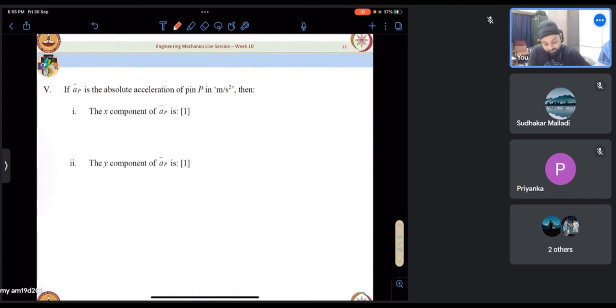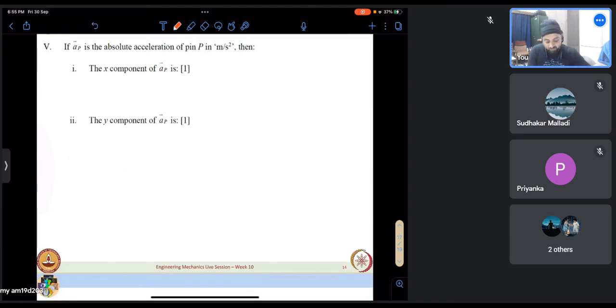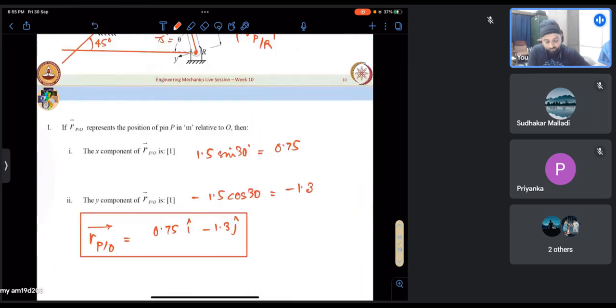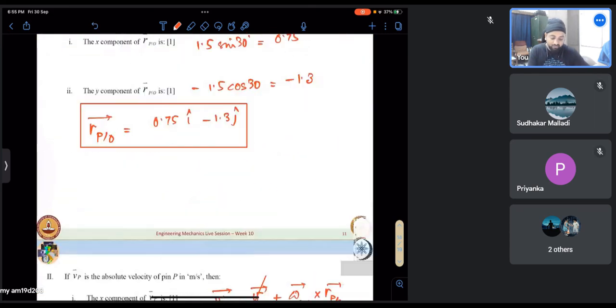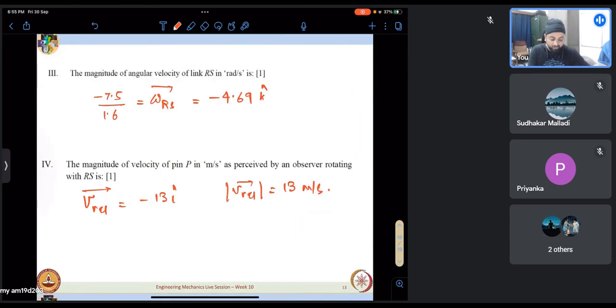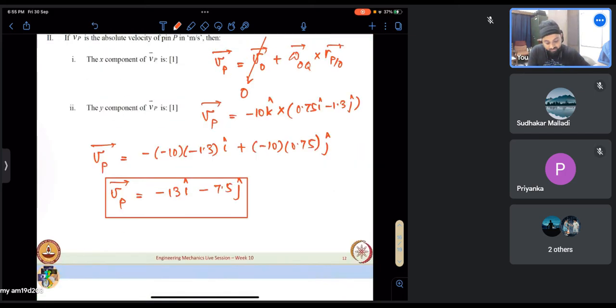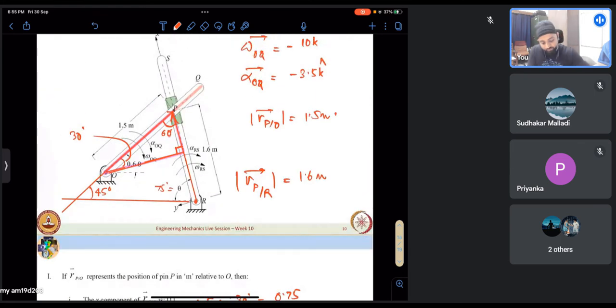Okay, the absolute acceleration of pin P is represented by AP, and its x and y components are asked. So first, till what we have done here, till VREL, we can solve it easily using coincident points. Now if we were to fix the RFR here and observe point P with respect to O, we know that it will have an acceleration.